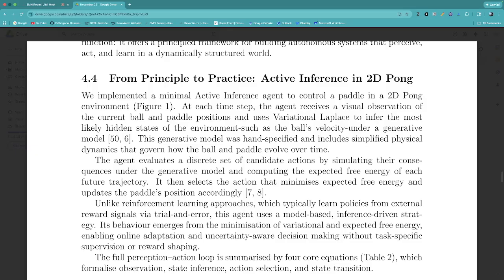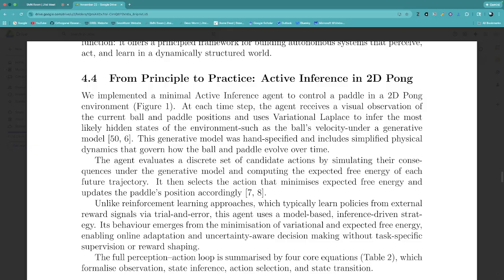This is where you have a paddle that moves up and down, and you have to bounce the ball off the paddle. And that's the task. This is something that reinforcement learning can do quite well, especially with something like DishBrain, where you have a cell culture using feedback signals to predict where the ball is and move the paddle.